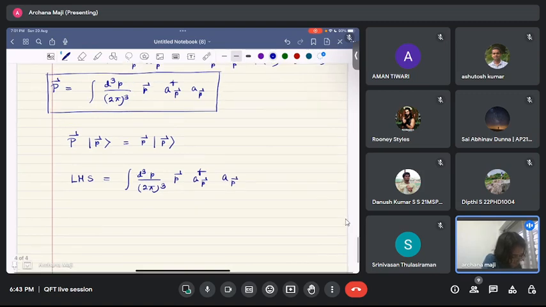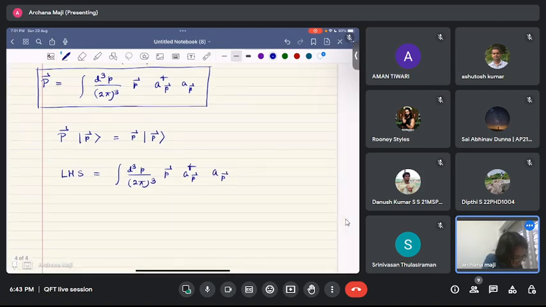And what was the definition of state P? It was square root 2 EP a dagger, sorry, let's use a different variable for P operator, and then this is EP a dagger P acting on 0. So that is the state.